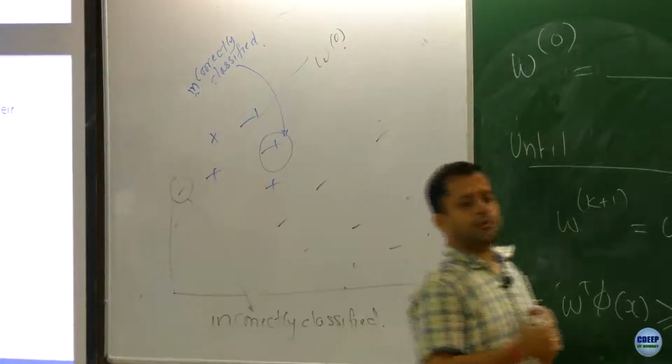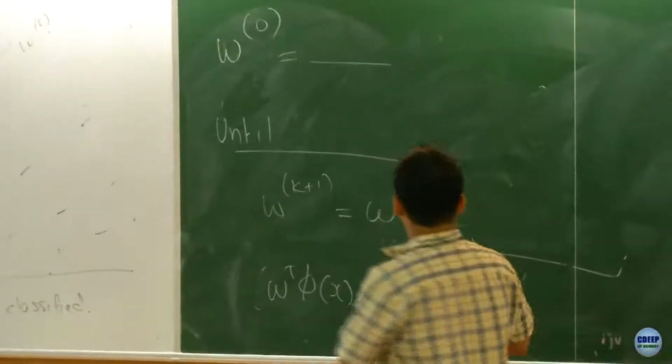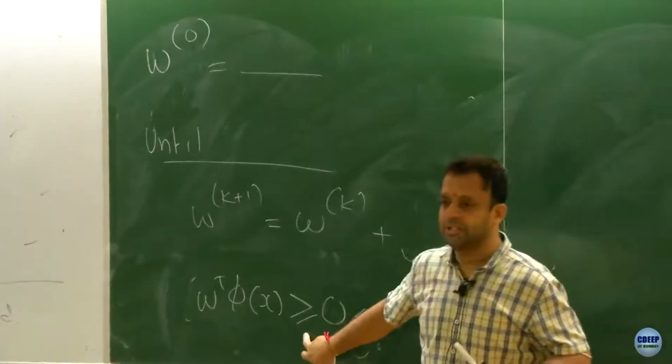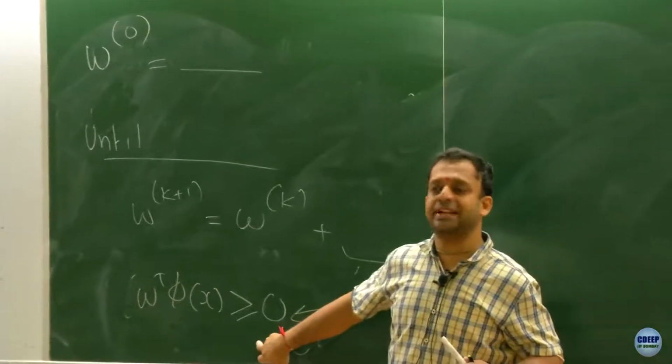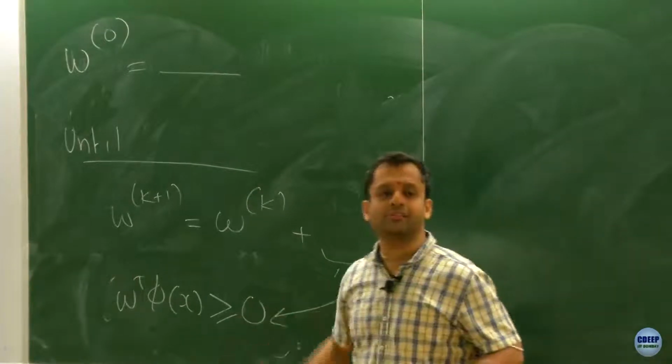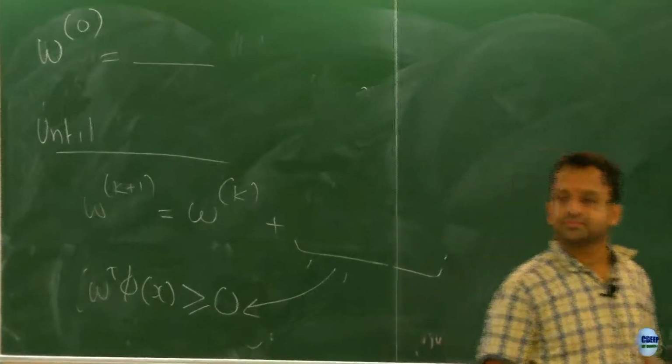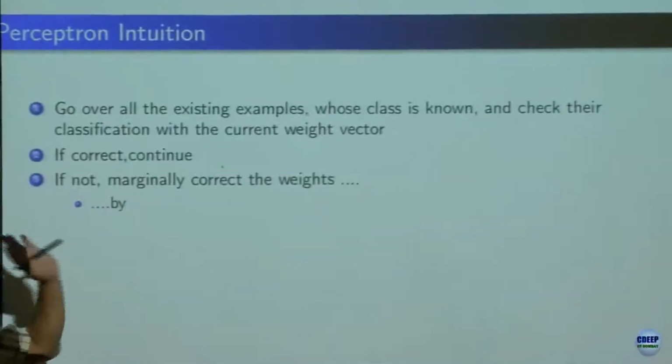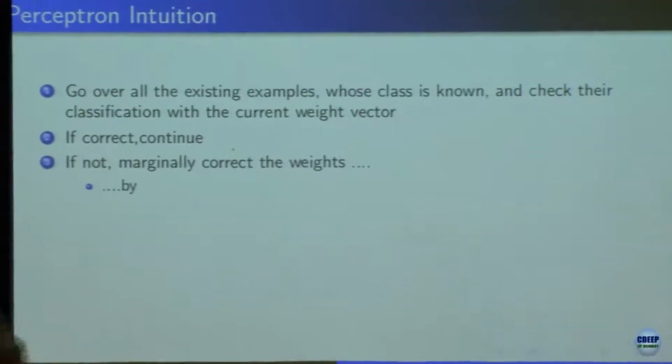So what will I do if I come across an incorrectly classified point? I have to keep in mind that this is the desired state. So what update on W will get me to the desired state? I want marginal correction, which is only that, and as I said, we will now think like children do.